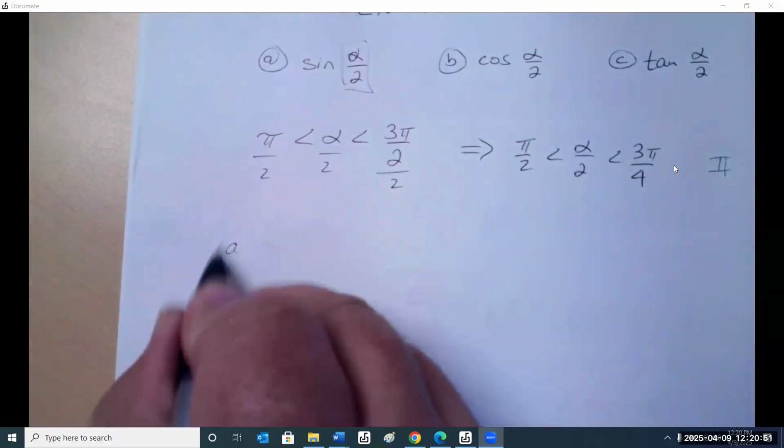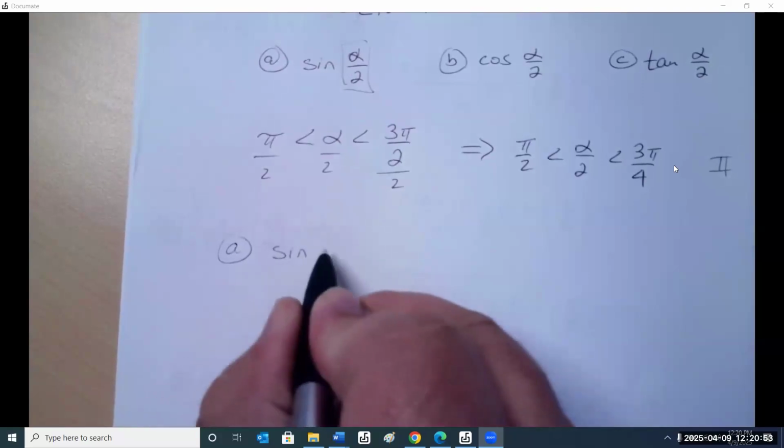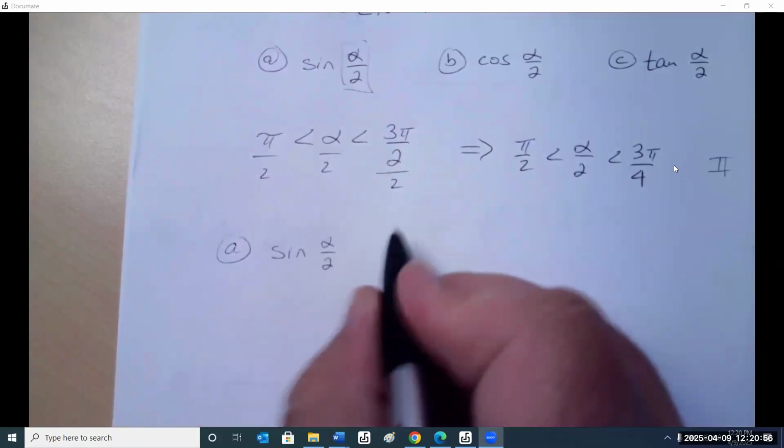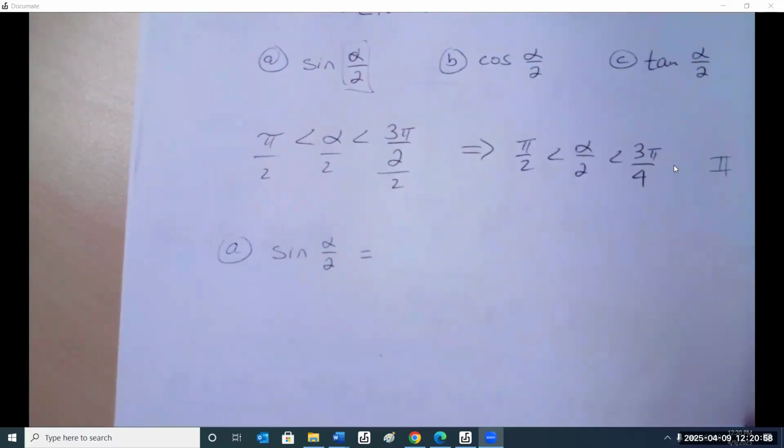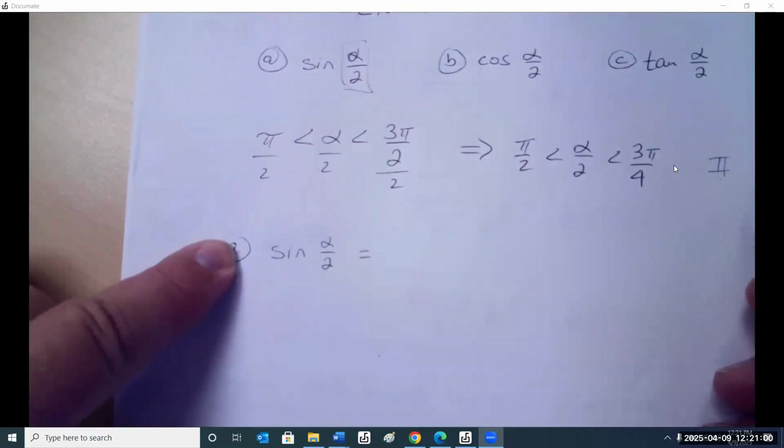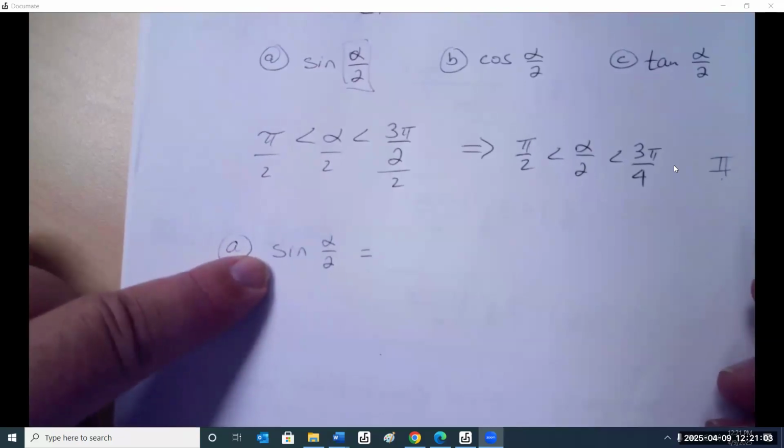So A, sine alpha over 2. Since we're in quadrant 2, what's the sign of sine in quadrant 2?